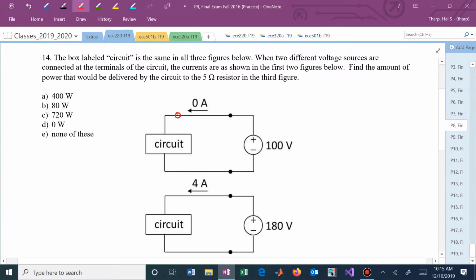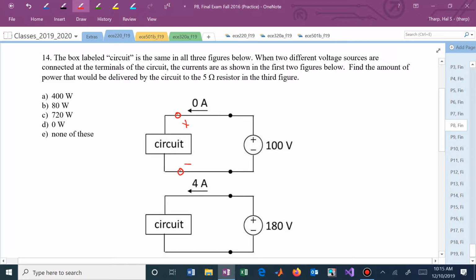Now view this circuit as if you've connected something across its terminals, and in fact you've connected 100 volts across it, and there's no current flowing in or out of that circuit. What's that tell you about the voltage dropped across here and here?